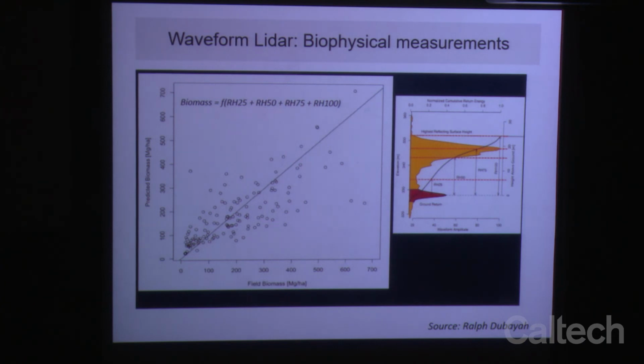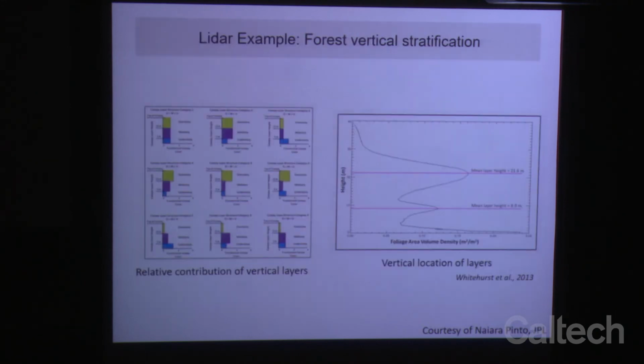So you can use those kinds of waveform LiDARs in this example to look at the shape of that waveform, how it relates to structure in the canopy and understory, and you can come up with a biomass relationship, estimating biomass from combinations of metrics that are derived from the waveform. And this is an example of different kinds of vegetation structures and what you can see with the waveform.